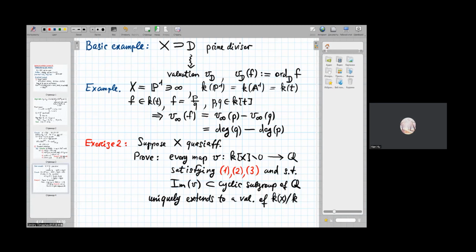In other words, if you want to define an evaluation of the function field on a quasi-affine variety, it suffices to define it on the coordinate algebra, the algebra of regular functions, with all these properties, of course. So this is also an easy exercise, and let me stop the first half of my lecture at this point. If you have any questions, please go ahead.